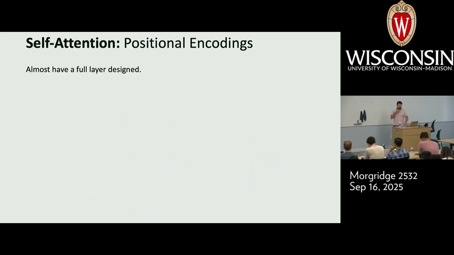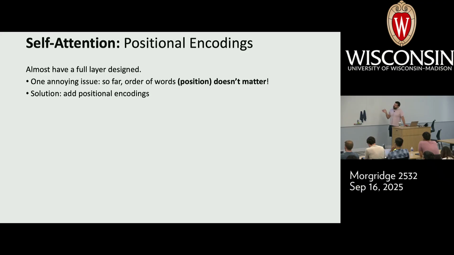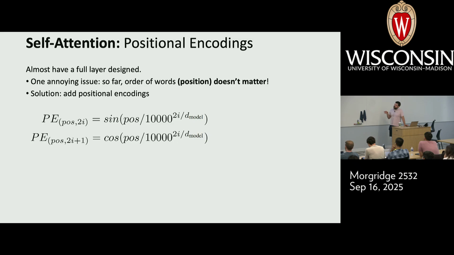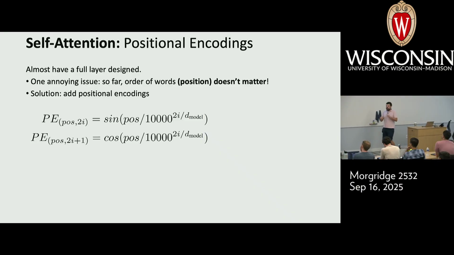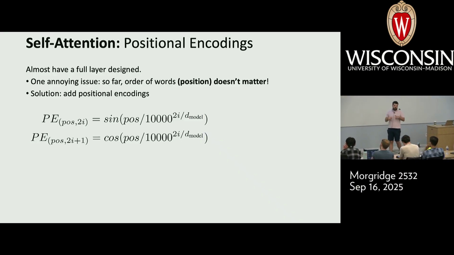OK, so that led us to this idea of let's try to encode the positions of the elements of the sequence into something that can take place inside the attention operation. And this led to some pretty fancy stuff. But in the end, we had a pretty simple idea. Let's find some way of taking information about our location in a sequence and injecting it into these vectors that we're operating on.